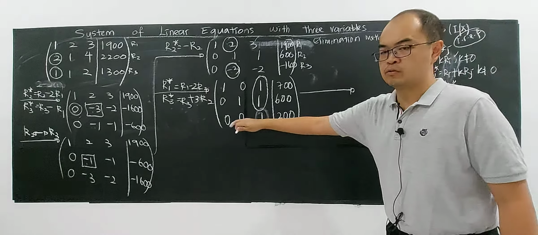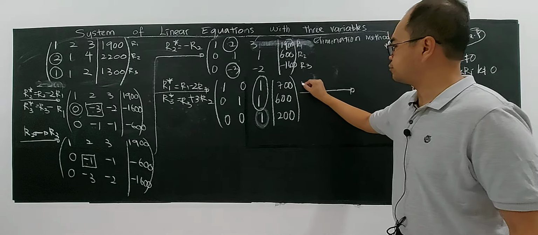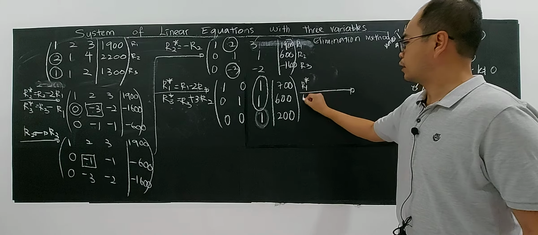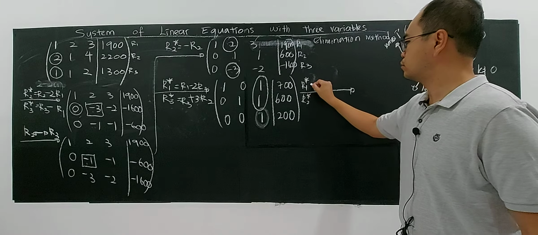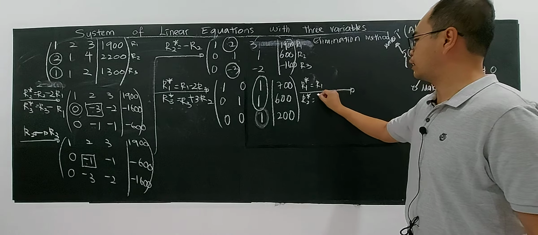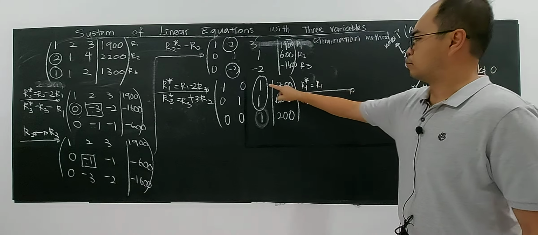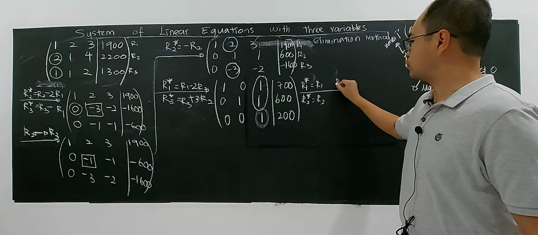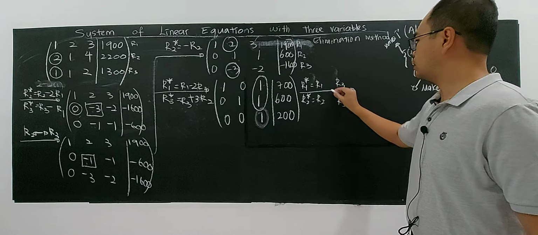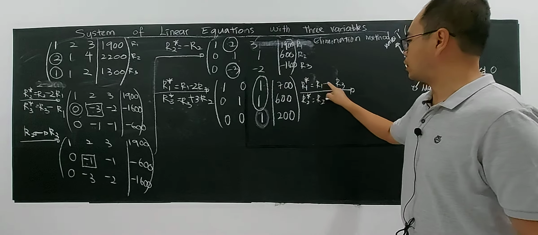So you have to refer to row 3. This one is from row 1, and this is from row 2. Row 1 and row 2, 1 and 1, and refer to row 3, 1 and negative 1.